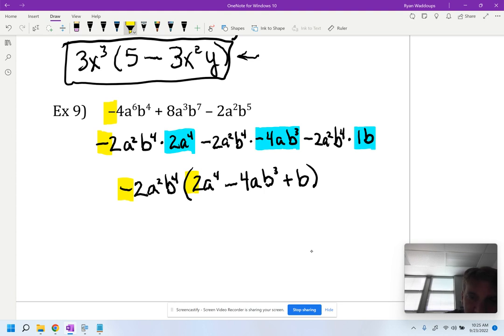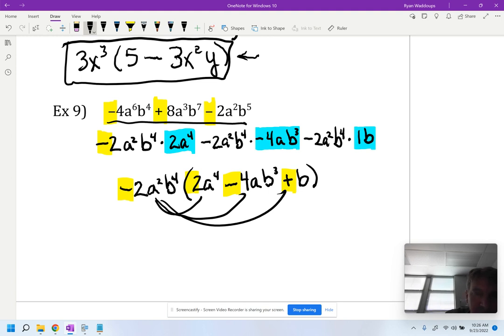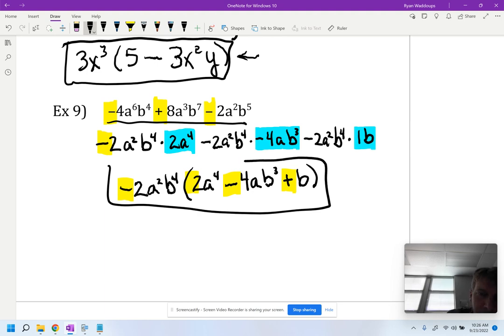And then a negative times a negative would be positive. A negative times a positive would be negative. And so the signs are good. And then if you wanted to multiply each of those out using the distributive property, you could see that they do give us the original there. And so this is correctly factored.